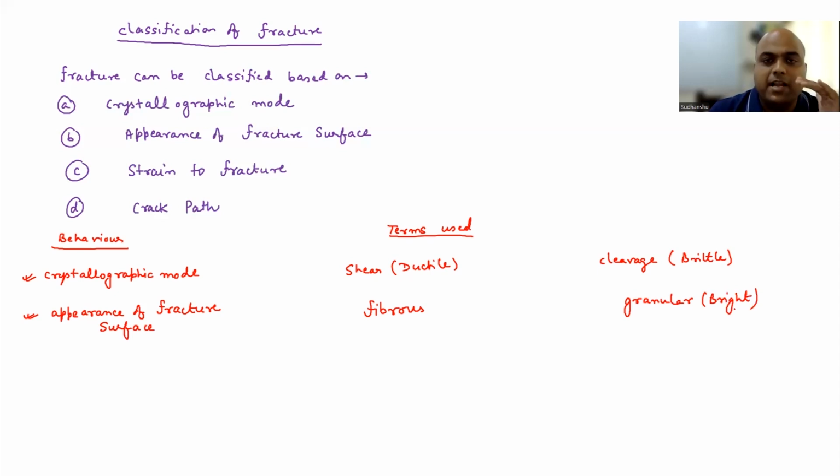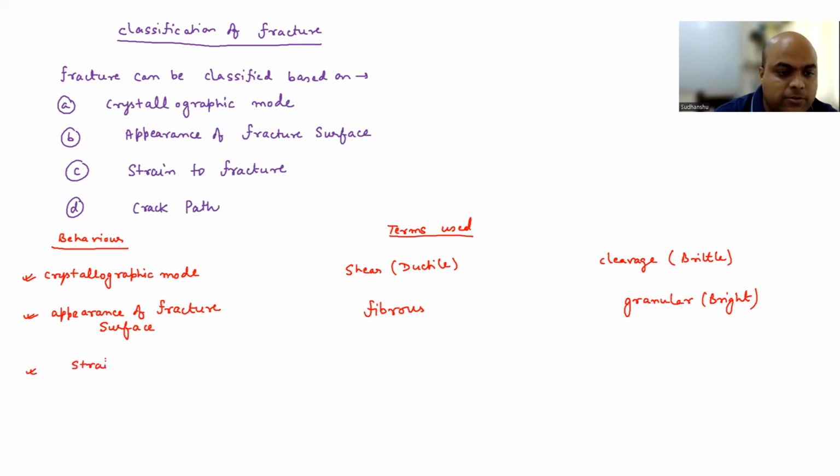If your fracture surface is fibrous, dull nature, then we typically say energy has been absorbed. So it is ductile nature. If it is granular and bright, then we say it is brittle nature. Okay, so that is how we define when we look at the fracture surface.